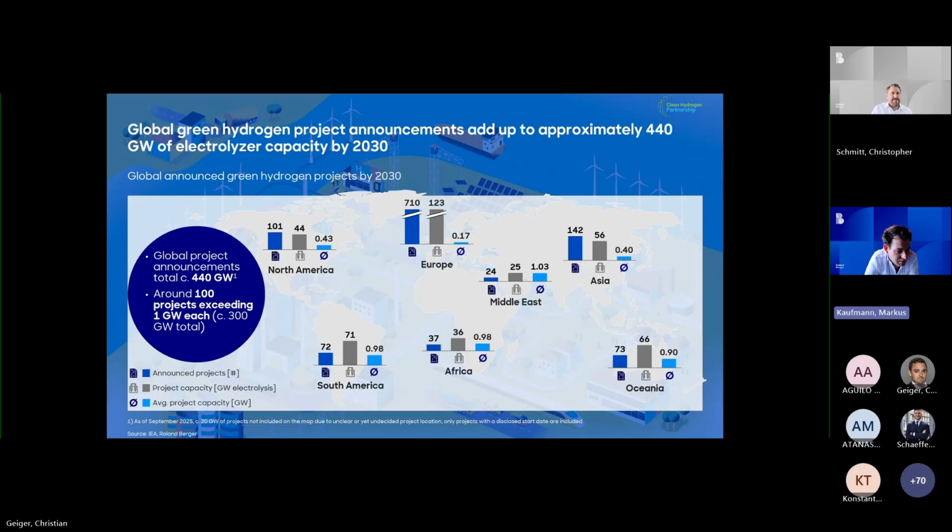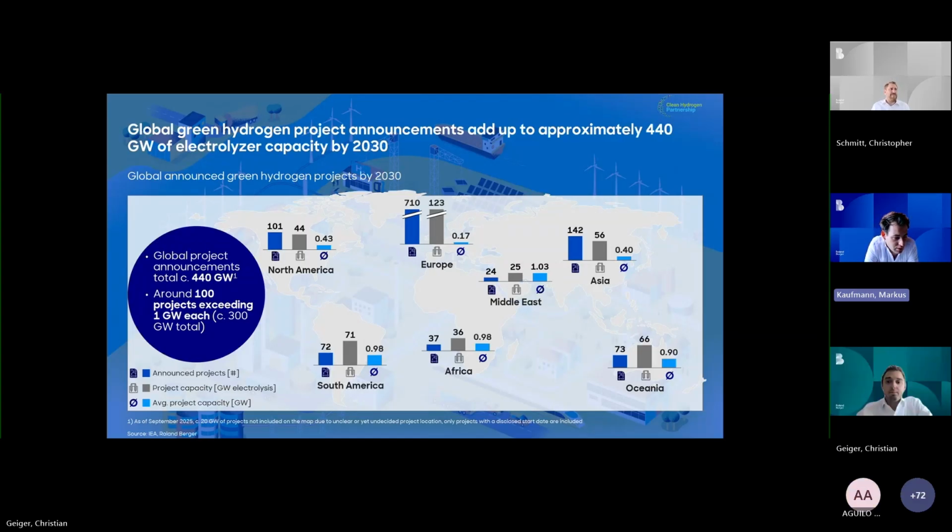We count today, together with other public sources like the IEA, around 440 gigawatts of announced projects that would aim to be realized by 2030. We don't think nearly all of them will actually be realized, primarily because of the offtake constraints, the firm demand constraints that we see.